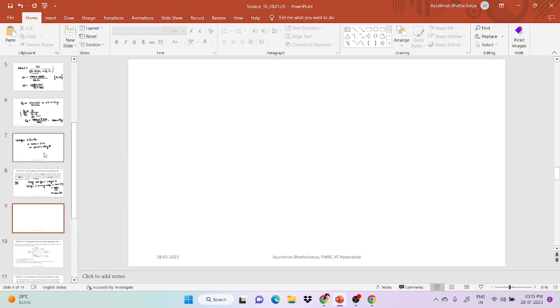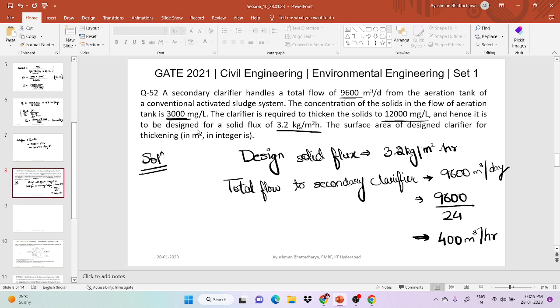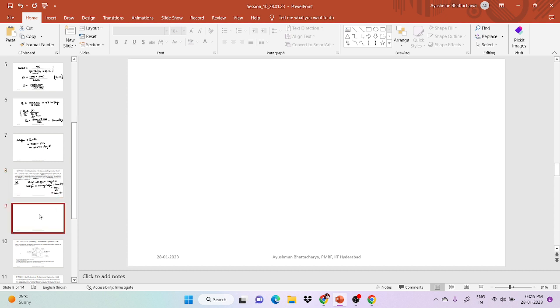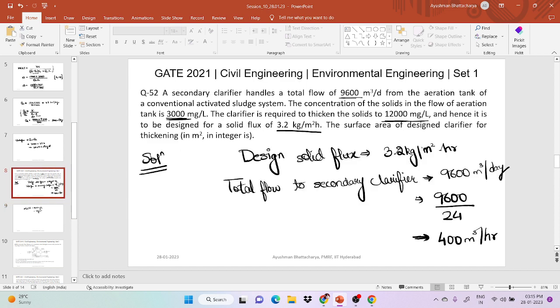Now coming back to the question, the concentration of the solid in the flow that they have mentioned is basically the MLSS concentration. MLSS is mixed liquor suspended solid. MLSS concentration 3000 milligram per liter, which we can write as 3 kg per meter cube.